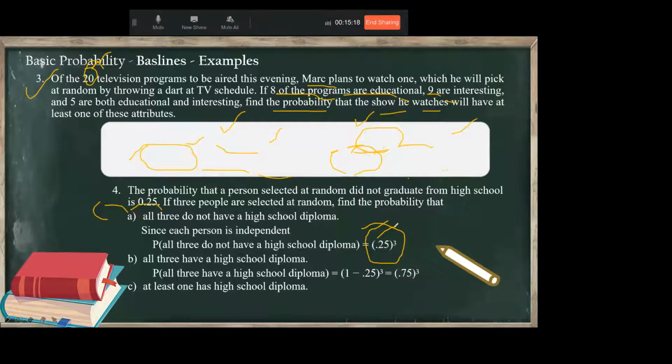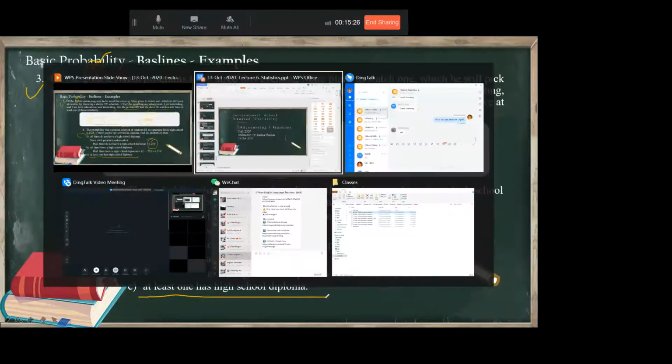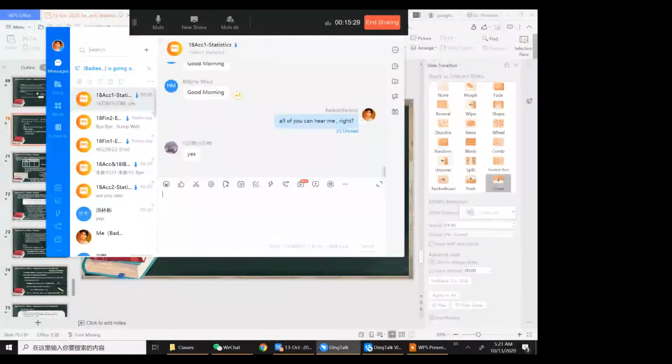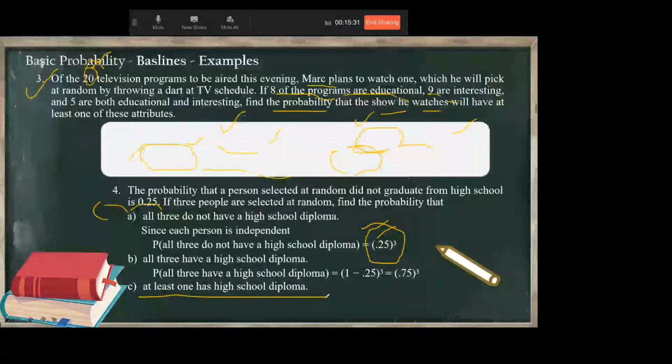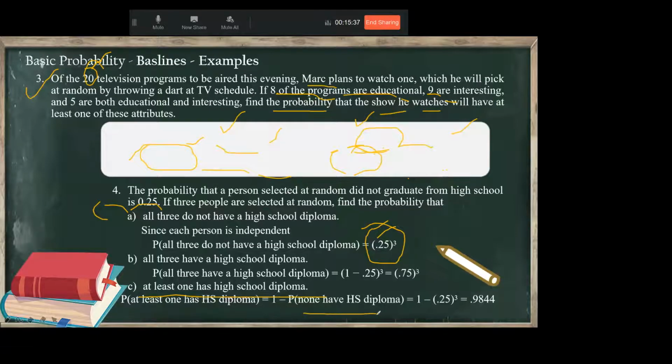At least one has a high school diploma. Can you find this? At least one has a high school diploma. So it will be 1 minus none have a high school diploma. So none have a high school diploma is the complement of at least one having a high school diploma. Do you understand how to calculate this?